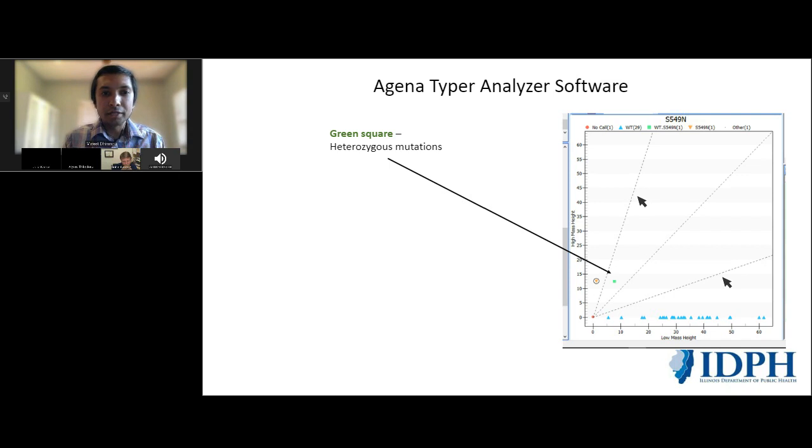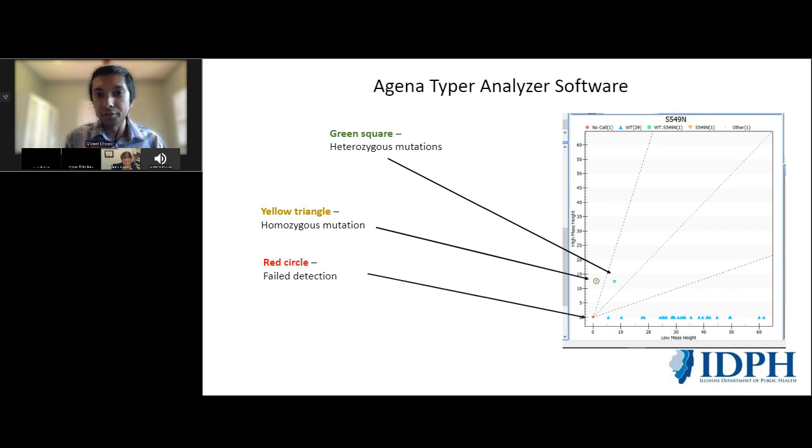The yellow triangles here indicate a homozygous mutation. The red circles indicate a failed detection or a failed amplification, basically a failure, which usually begs a repeat for that specimen. And then the majority of your specimens will be wild type, which is indicated here as blue triangles.